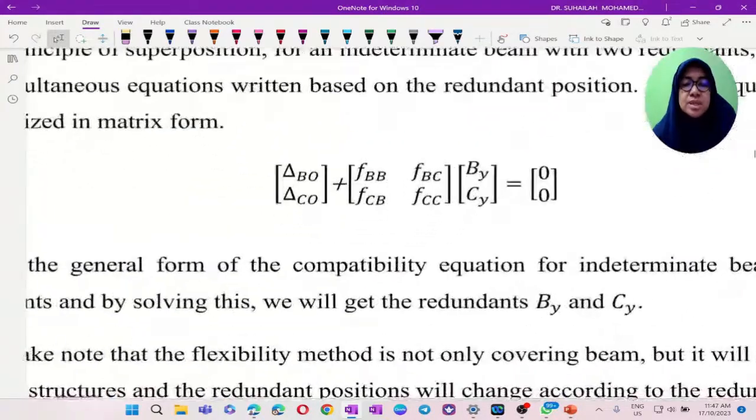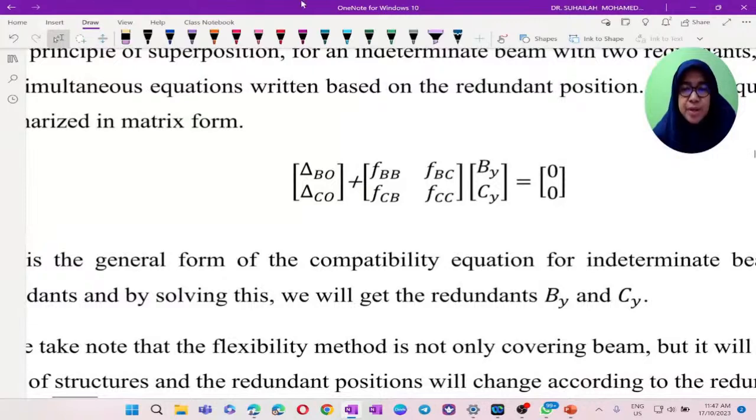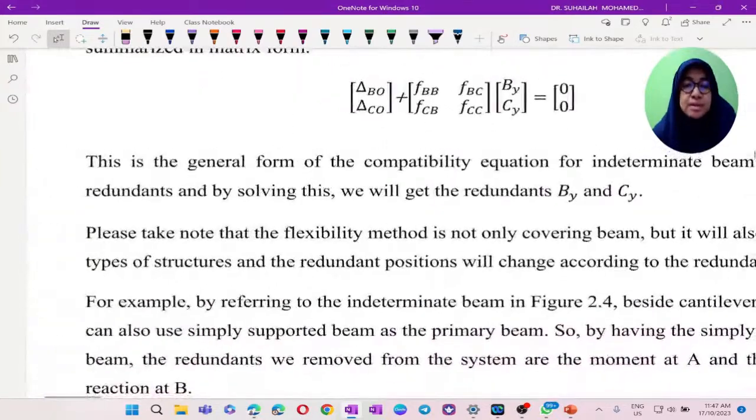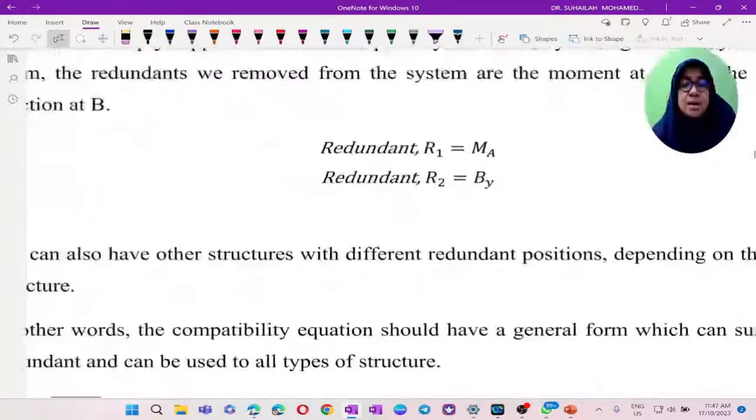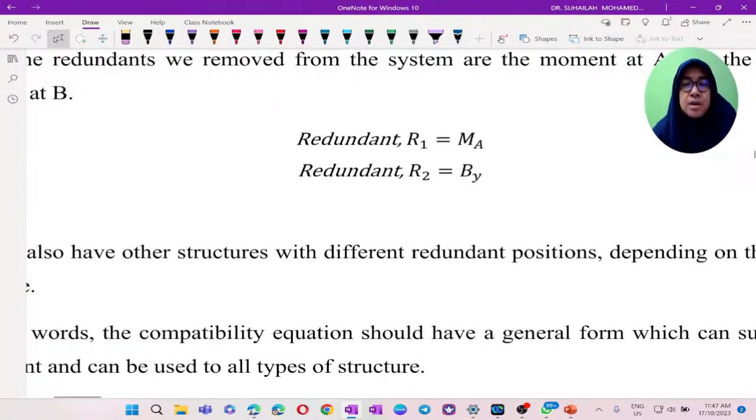So this is the compatibility equation which we derive from the displacement in the two redundant positions, and we change the label.